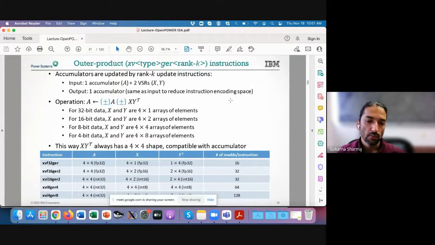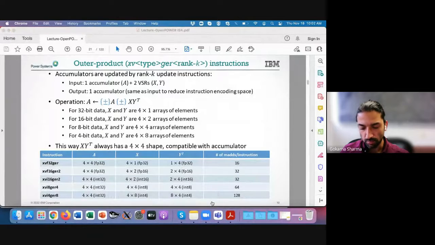The number of matrix additions per instruction is 16, because it's 4x4. Now for BF 16-bit data, you have 4x2 times 2x4, and 32 additions, and so on. If you go into 4-bit data, it's 4x8 times 8x4, and you will do 128 additions. That's how it is provided there.